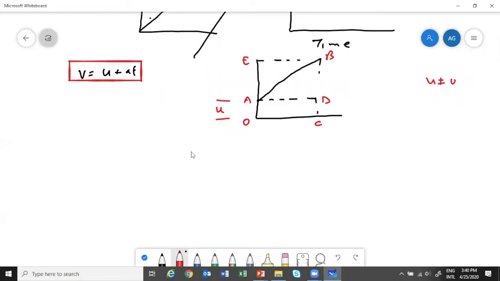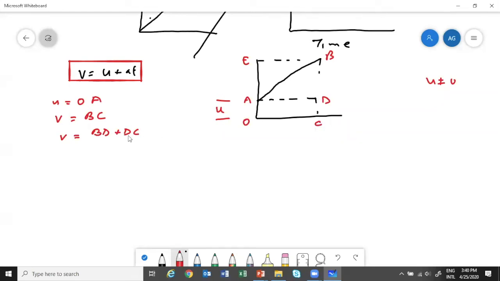The full form of U is initial velocity. So here U is OA and V is BC, and BC we can say BD plus DC. BD plus DC, right?